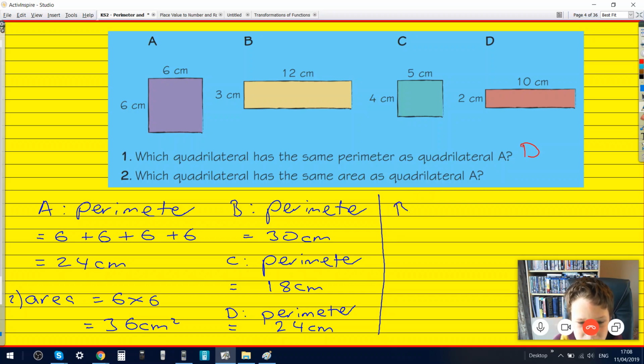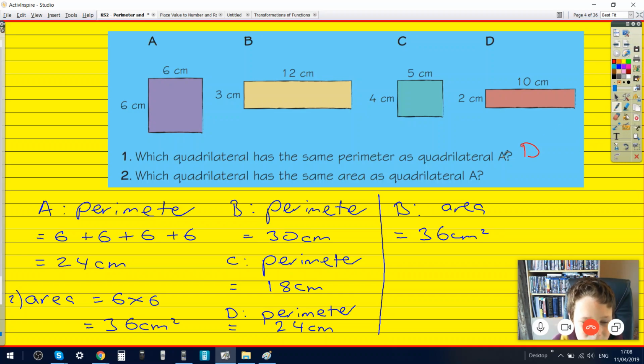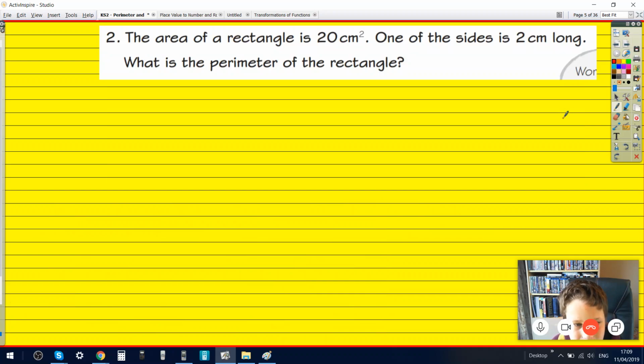And so we don't need to do the others, because it's asking us which one of the quadrilaterals has the same area as A, and only one of them has the same area. So it means that we don't need to do C or D. And so what's the answer? Well, the answer to question 2 is B. Well done.